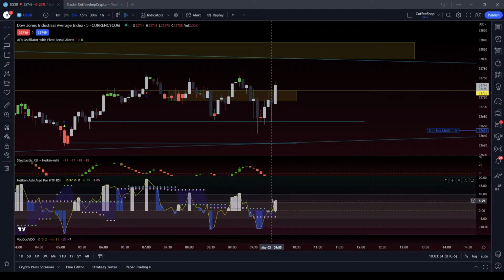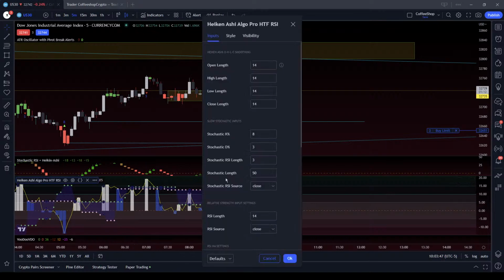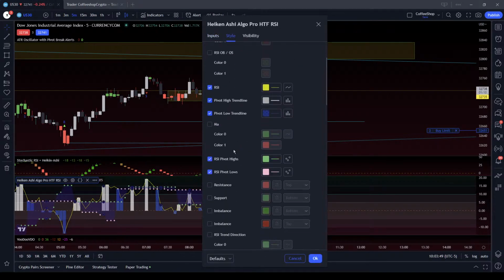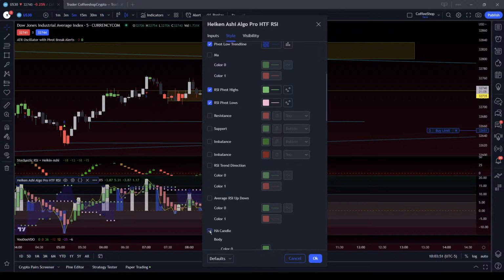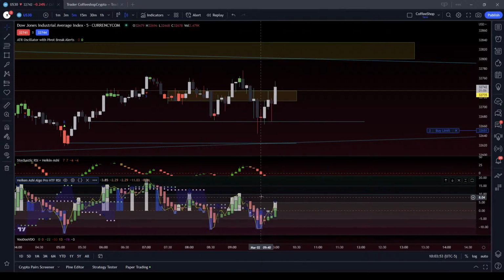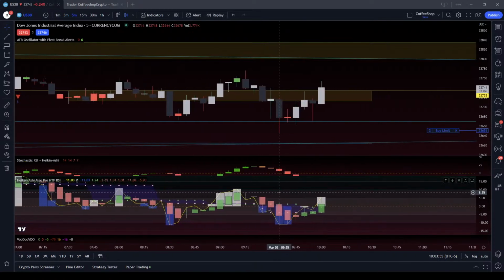Okay. You'll notice in the latest release of the heiken-ashi algo that the RSI is no longer locked to the tip. You'll see that I don't have any heiken-ashi candles on here, right? The RSI is no longer locked to the tip of the candles. You can now adjust that, okay?